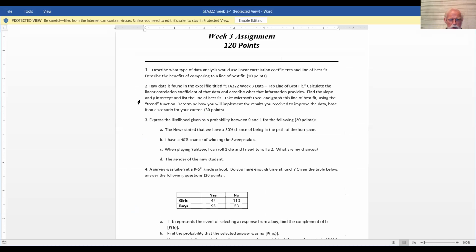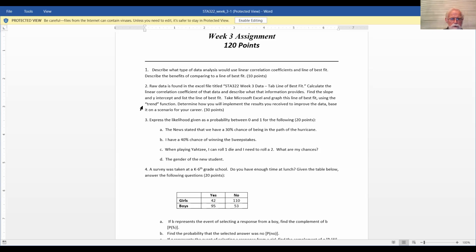So you're going to find the slope and the y-intercept, and use that to give me an equation: y equals mx plus b, or y equals a plus the y-intercept plus the slope times x. So go ahead and calculate those things and give me an equation.